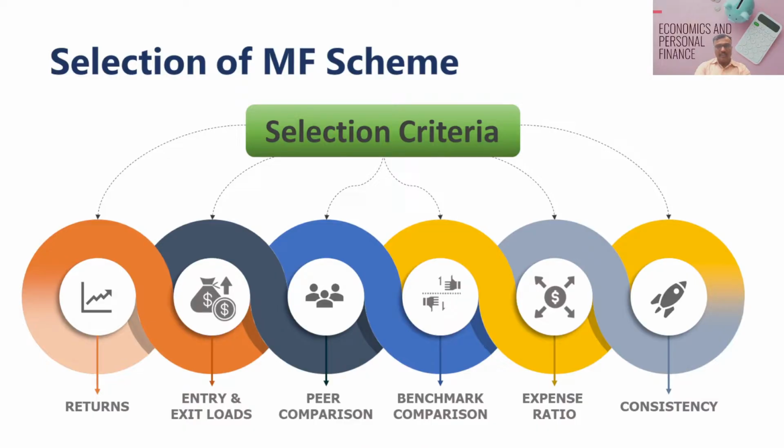These selection criteria are returns, entry and exit load, comparison with peers, meaning the fund's performance with its peer schemes, and comparison of funds with benchmark. Benchmark is Nifty 50 or, let's say, the mid cap index or large cap index. So if you are investing in a large cap fund, then you should compare the fund's performance with the large cap index. Then expense ratio and consistency of returns. So let's discuss these things one by one.